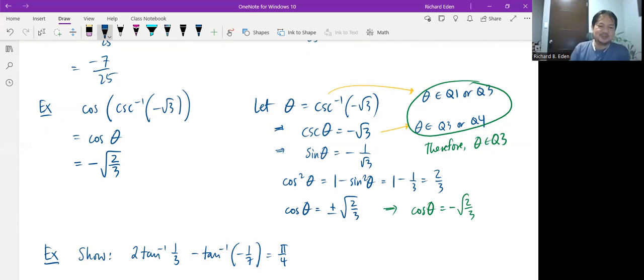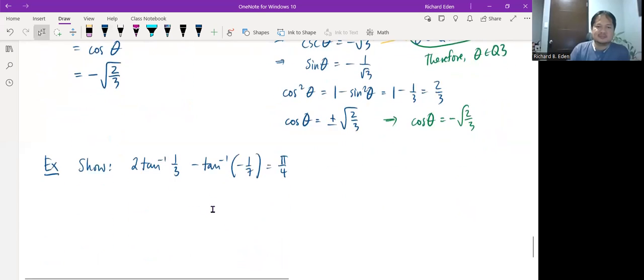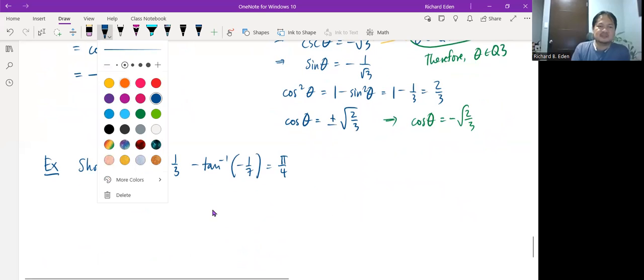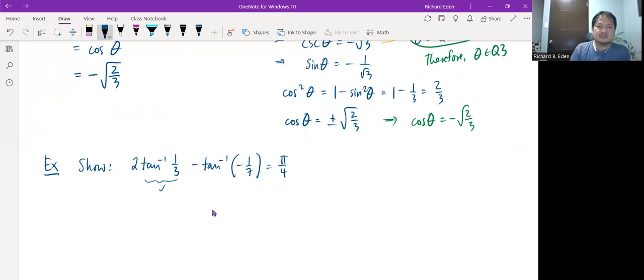Check mo nga. 2 tangent negative pi over 3. 45 po, which is pi over 4. Yeah. All right. And we know it's exact.